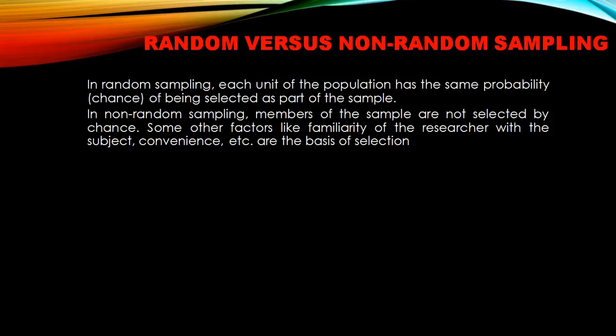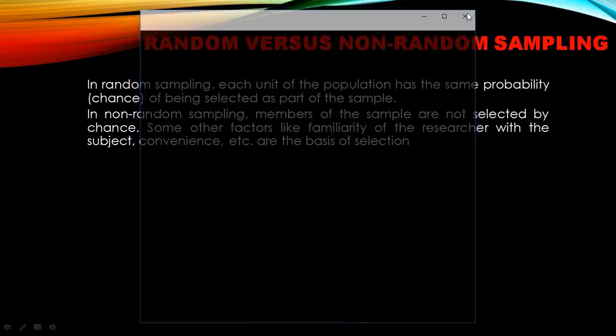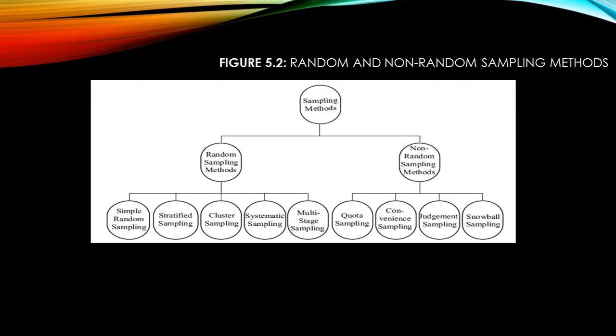And in case of non-random sampling, I'm using some other ways in which the samples could be selected, that could be my judgment, my familiarity, anything. So every element doesn't have an equal opportunity to get selected. That is what non-random sampling is.